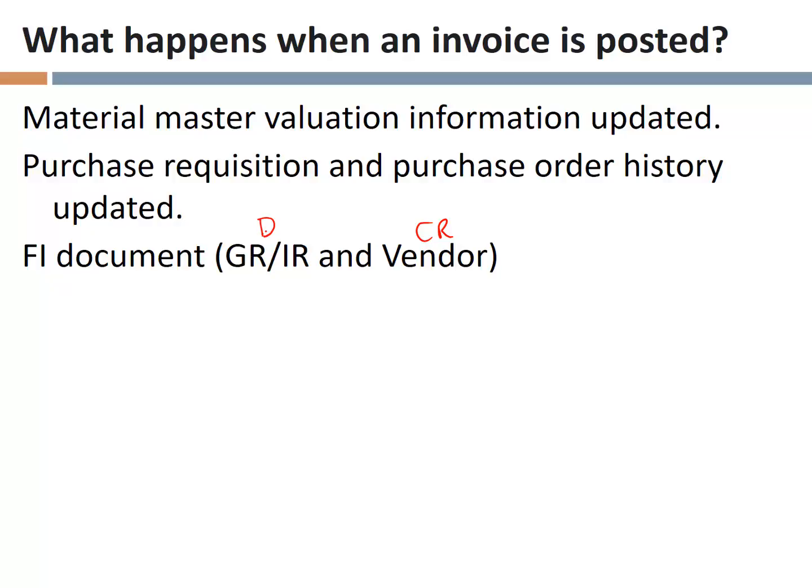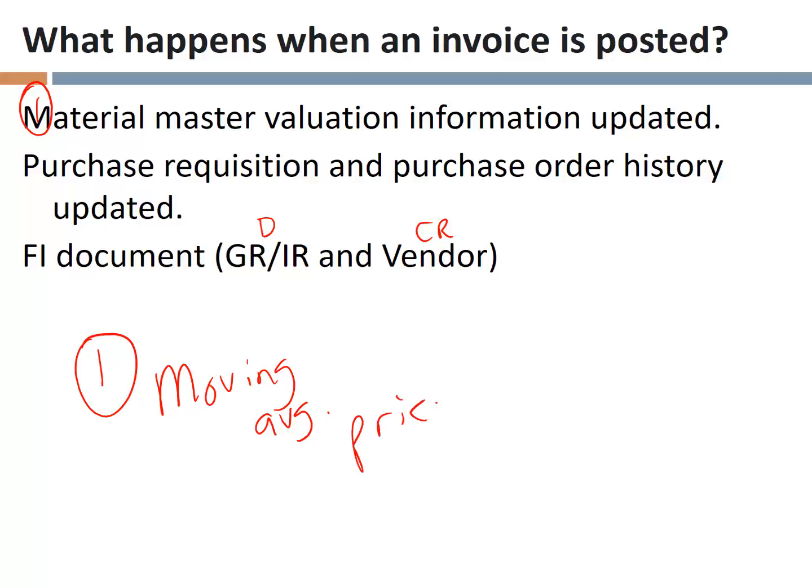So not as many things happen when I get the invoice, but this first one is very, very important if I'm using moving average pricing. Moving average valuation of a material gets updated when I get an invoice associated with that material.